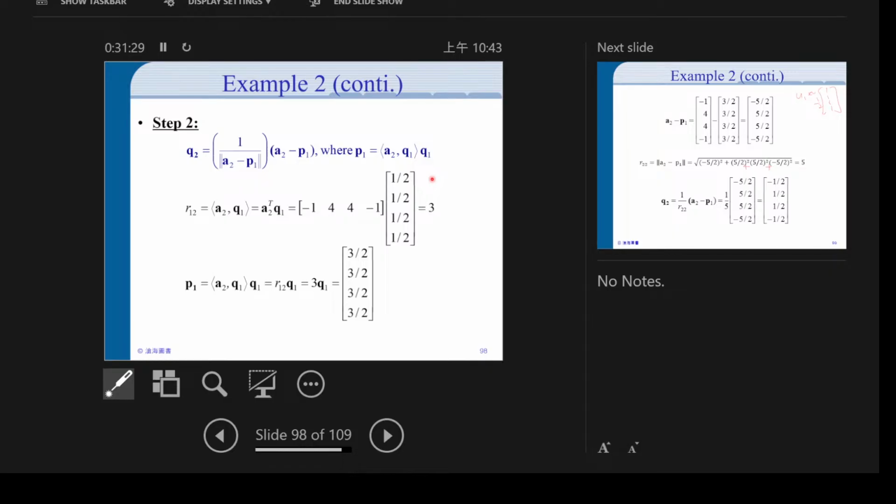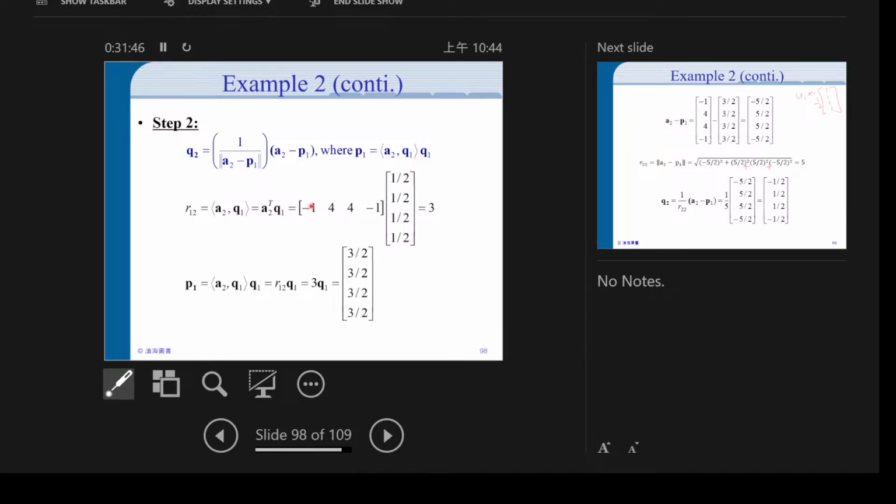The projection of A2 onto Q1 is this R12. So the coordinate of A2 onto Q1 is R12, the inner product of A2 with Q1.